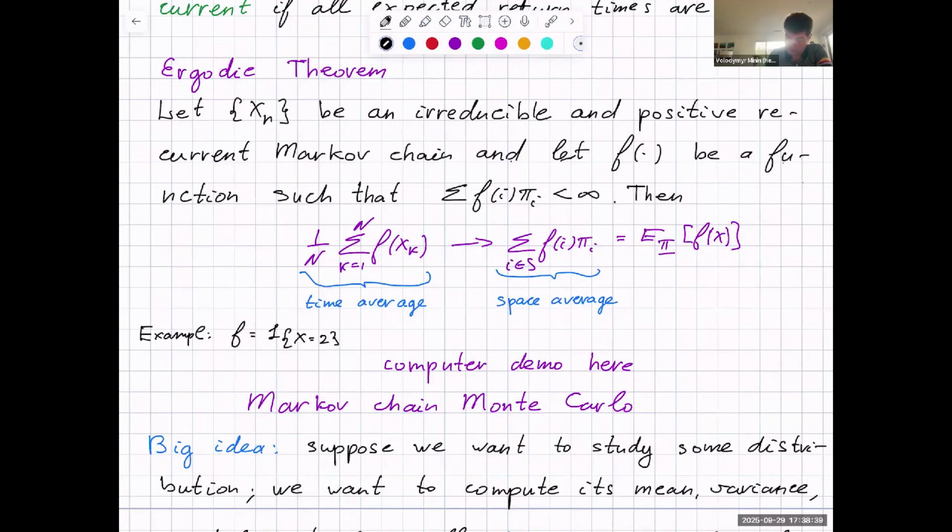Then this time average will be the fraction of time I visited state 2, and it will converge to the space average, where I have 0 everywhere: 0 times pi 1 plus 1 times pi 2, because of the indicator function, plus dot dot dot. So I'll have only pi 2. It says that the fraction of time I'm going to visit state 2 gives me, in the limit, the stationary probability of state 2.